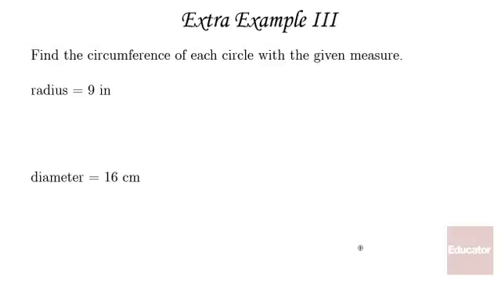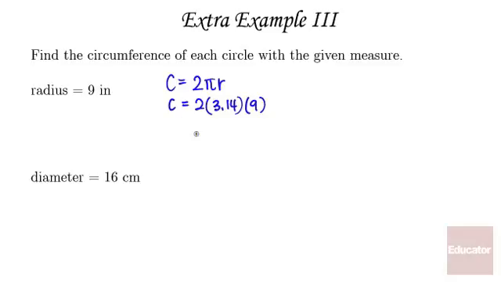Okay, find the circumference of each circle with the given measure. So the first one, the radius is 9 inches. Circumference equals 2 pi r, 2 times pi times r. 2 pi is 3.14, and the radius is 9.